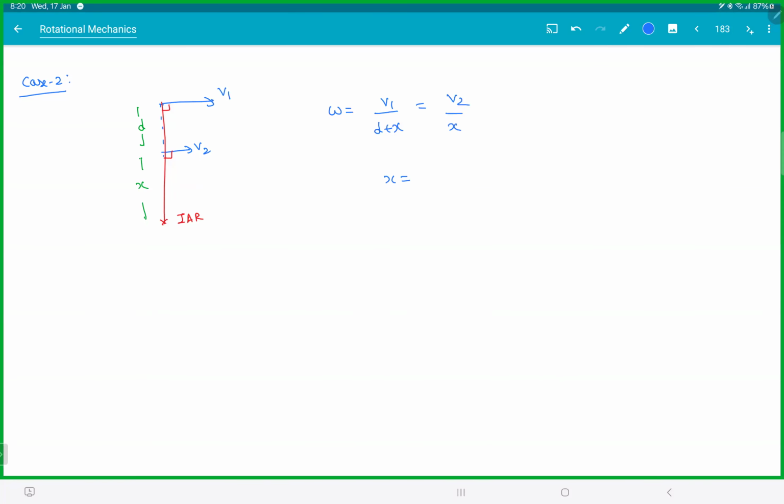If the velocities are parallel, then you're stuck. Then there's only one line. There is no intersection. But then you can use this logic that omega is the same. If they're not parallel, then it's a point of intersection. Case 3, what if they're anti-parallel? Again, same logic. So in this case, IAR will be somewhere in the center.